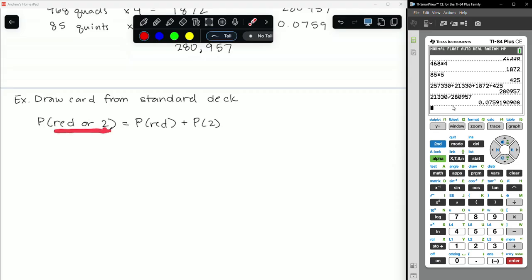And the answer is yes. There are 2 cards in the deck, the 2 of hearts and the 2 of diamonds. Because there's overlap, I have to subtract off those cards that got counted in both.